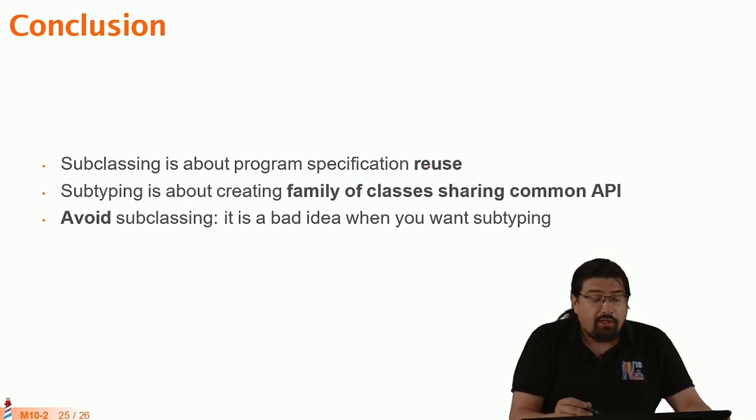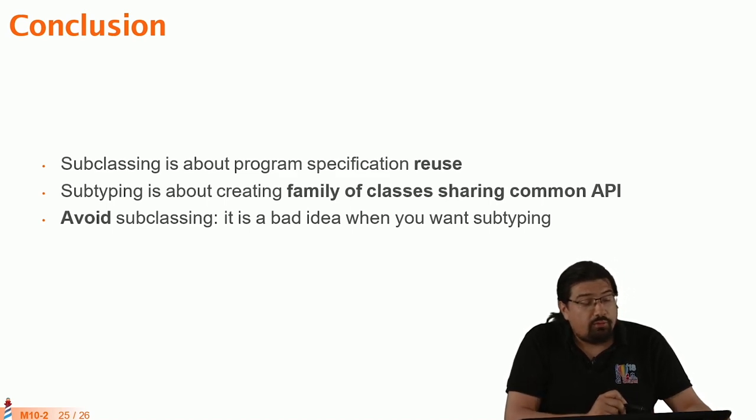We want to reuse the code that is in the superclass, and subtyping is about creating a family of classes that share a common API. We can have subtyping without subclassing, but whenever we subclass, we are subtyping. So we have to pay attention to that.